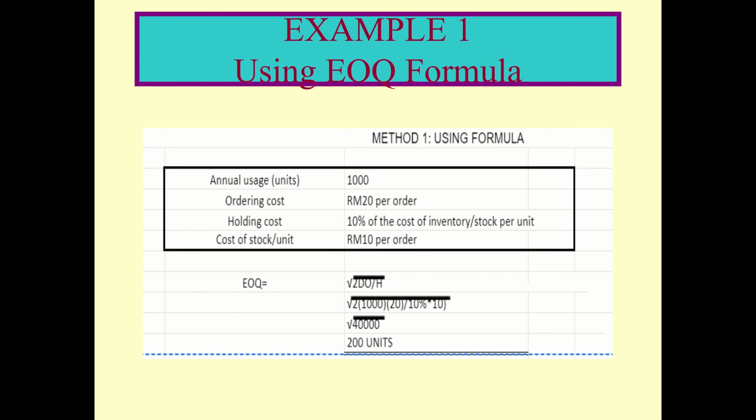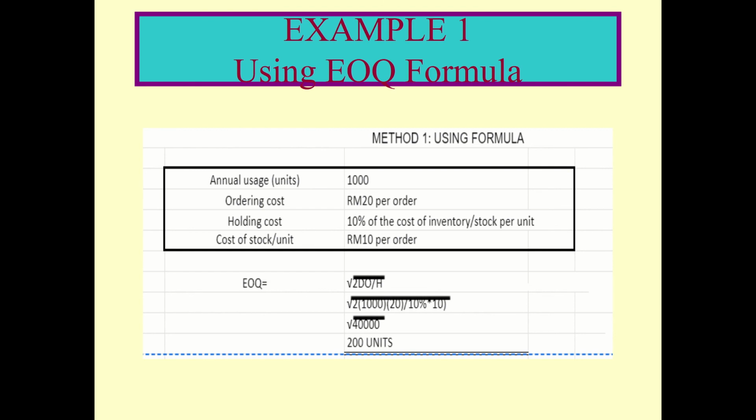The cost of stock per unit is equal to 10 ringgit. So from the cost of stock per unit, you can calculate the holding cost, which is 10% of 10 ringgit per order. Now we need to calculate the amount of EOQ by using this formula.